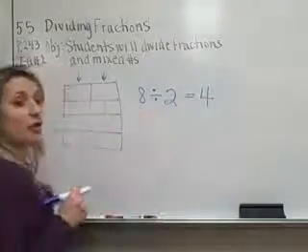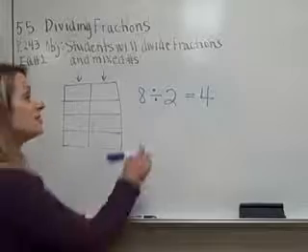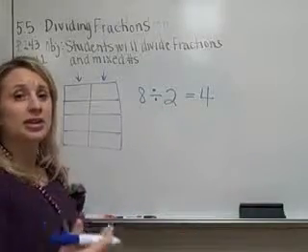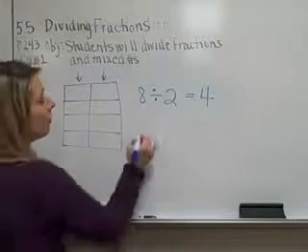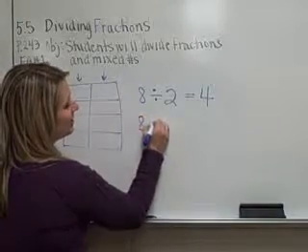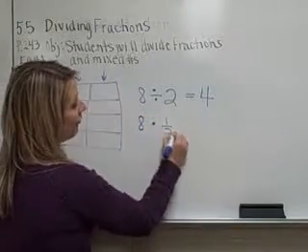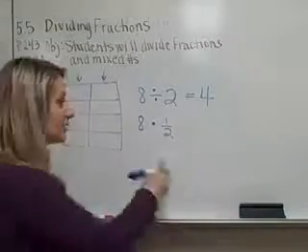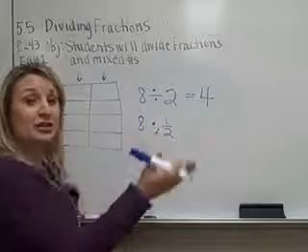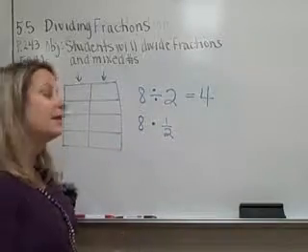Now, the reason I'm showing you this is because instead of dividing, we can also think about this in terms of multiplying. What if you took 8 times 1/2? That would be like taking half of the 8. Remember, multiply means of. We learned that in yesterday's multiplying lesson.